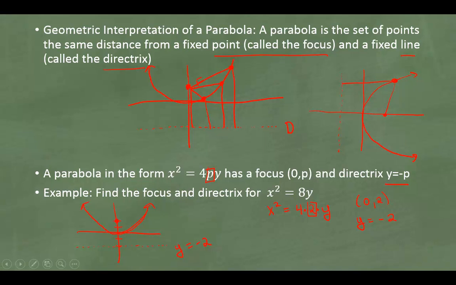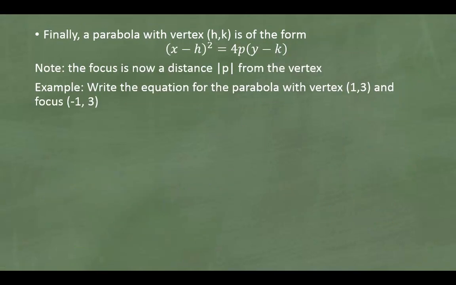Okay. Finally, a parabola with a vertex (h, k) is of the form x minus h squared equal to 4 times p times y minus k. And here the focus is now the distance, absolute value of p, from the vertex.